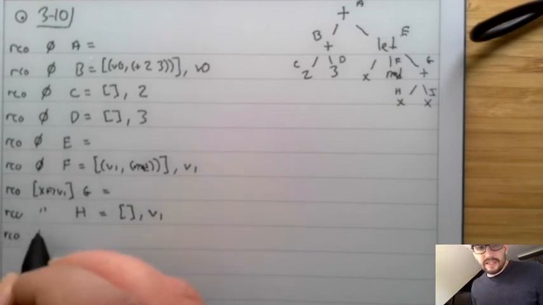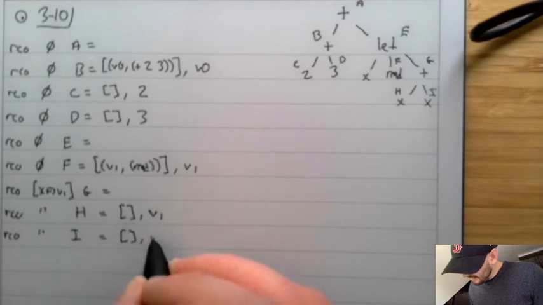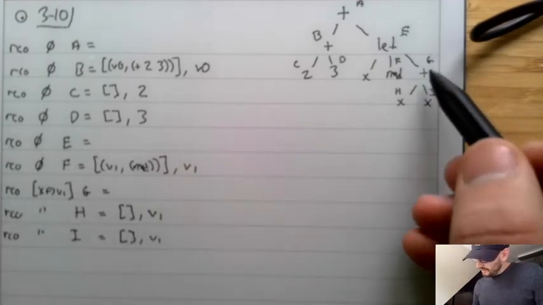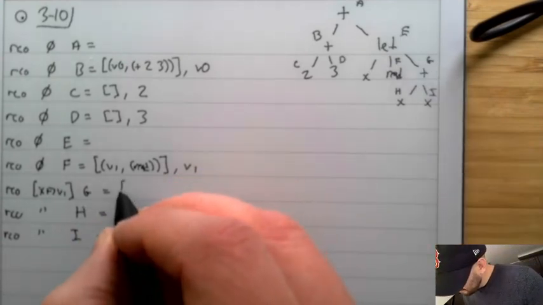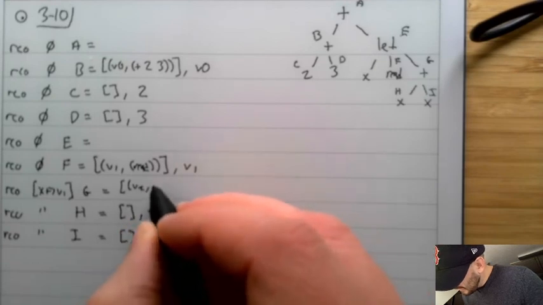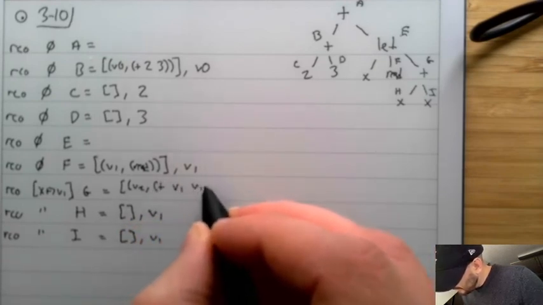Then we're going to call it again on I, and we're going to get an empty list and a V1. And so those two things will determine what we get for G, which is going to say V2 and a plus of V1 and V1, and then V2.